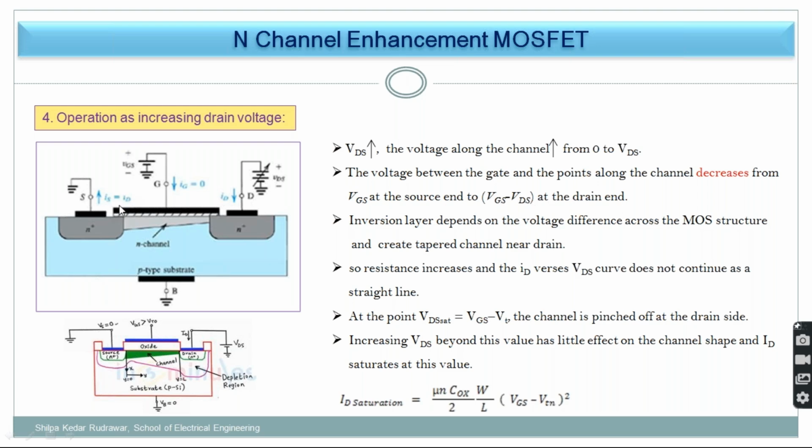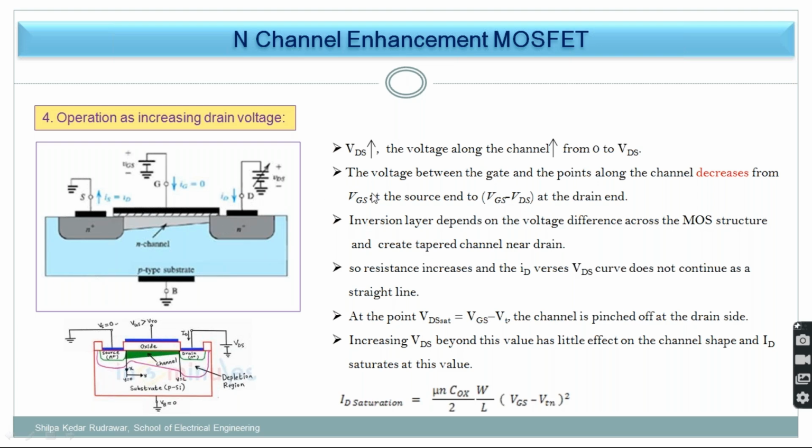Here it is VGS only, but here I need to find VGD. What is VGD? VGD is nothing but VGS minus VDS. So as VDS is increasing, this voltage is increasing.